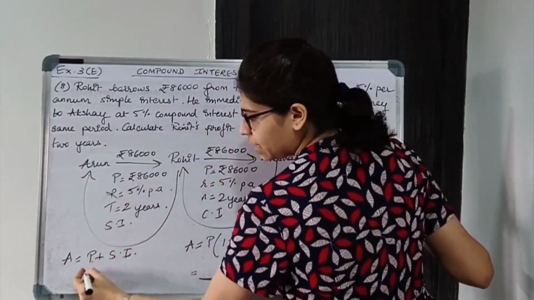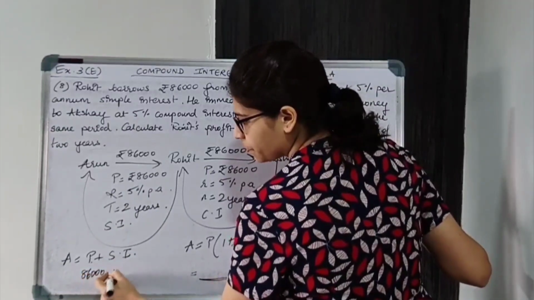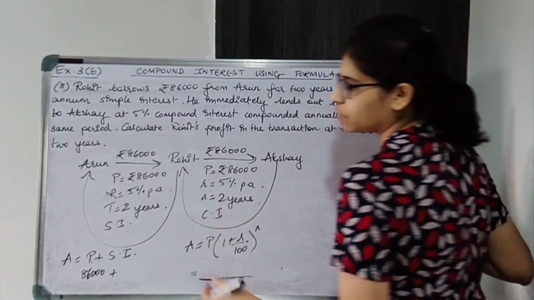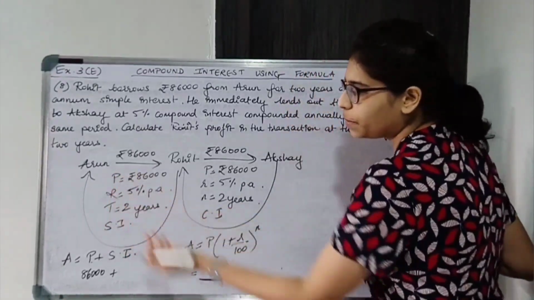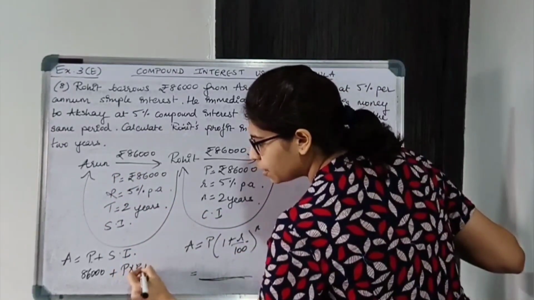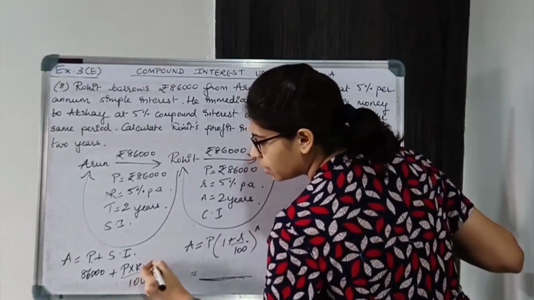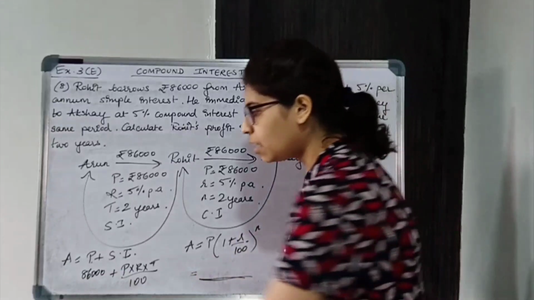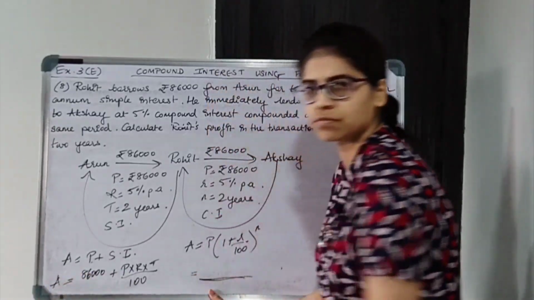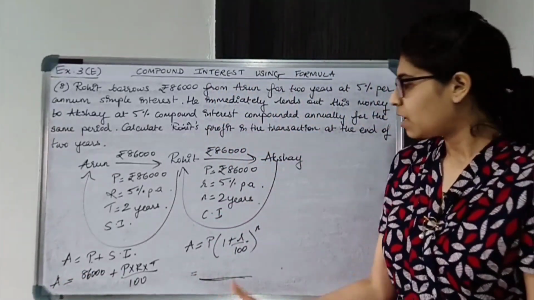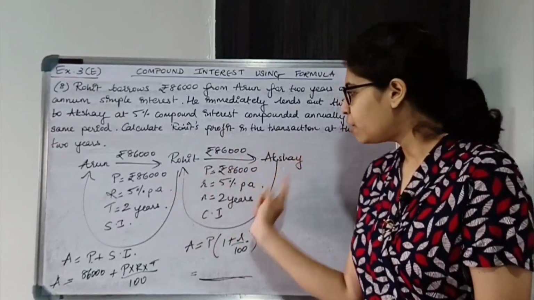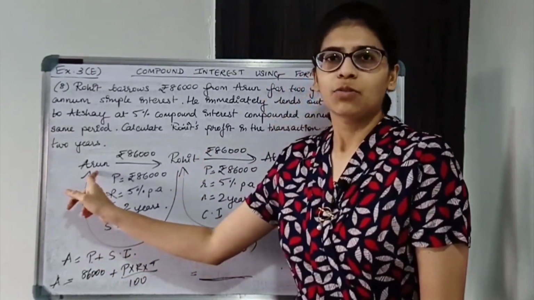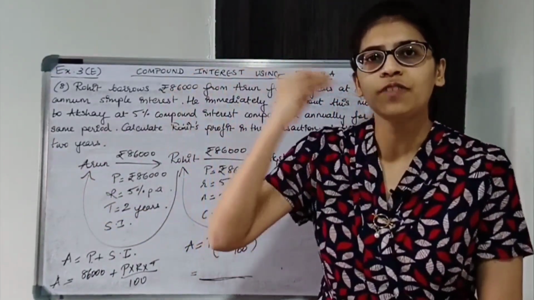Principal is 86,000 plus the simple interest on that sum. Simple interest we can easily get, since we know P, R and T: P into R into T upon 100. So you will get the amount. Now the amount received by Rohit and the amount to be returned by Rohit, that is what you have to find.